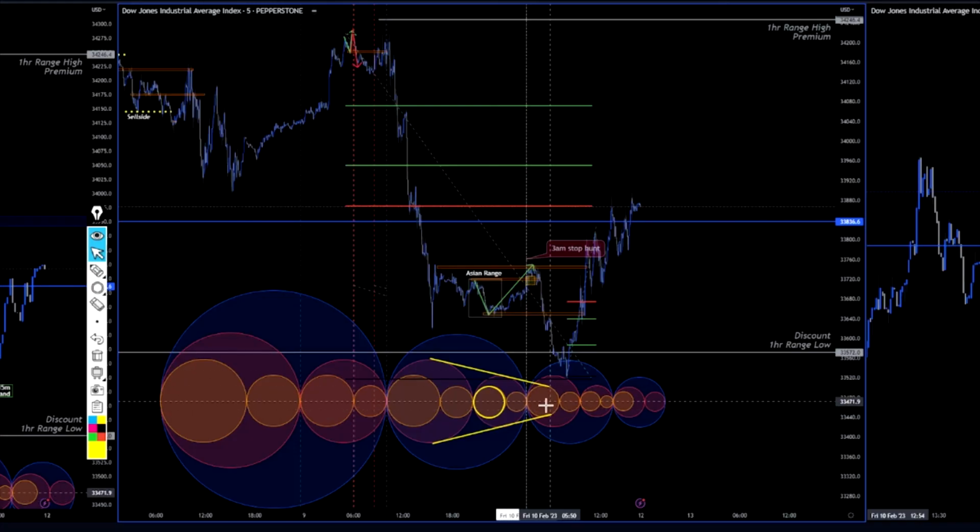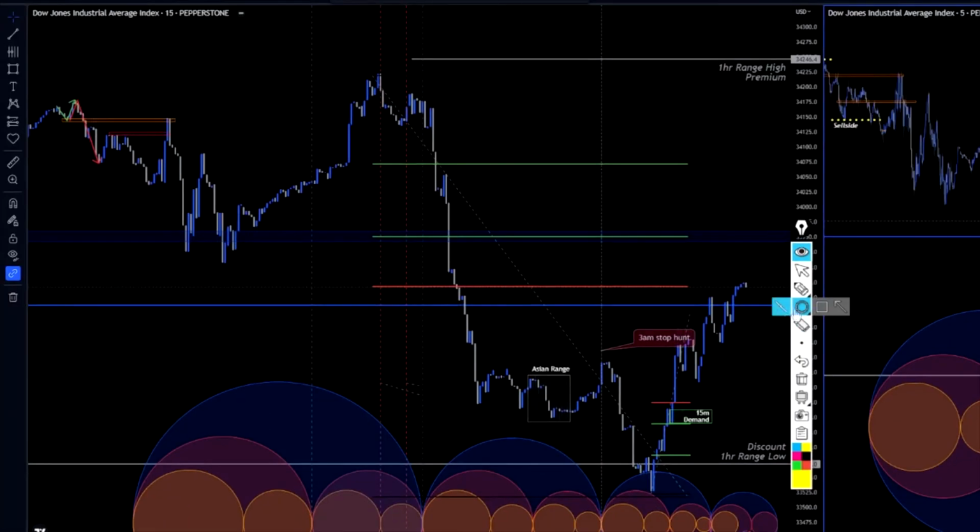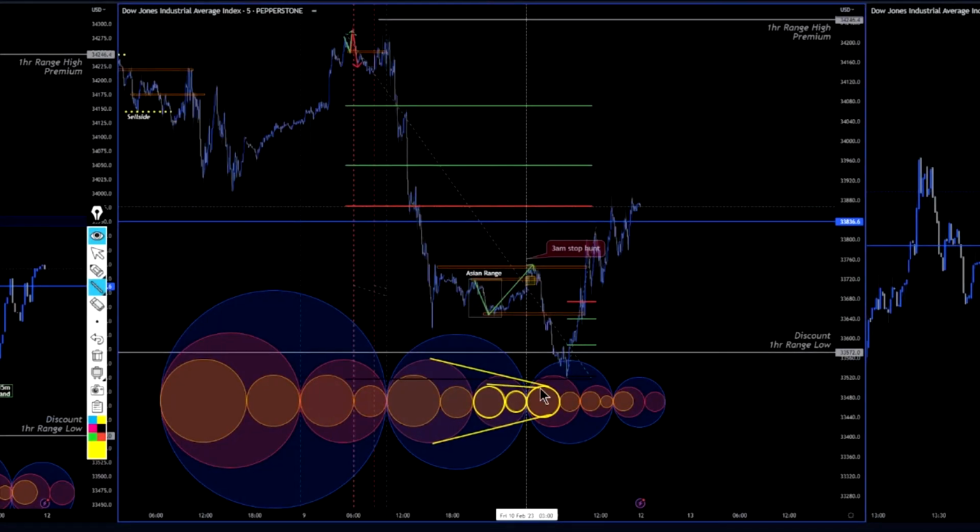This is the distribution here. So let me circle them again. Manipulation here, and then into distribution. What happens? Price drops. So it completes that step, and this becomes the accumulation phase of the next step.